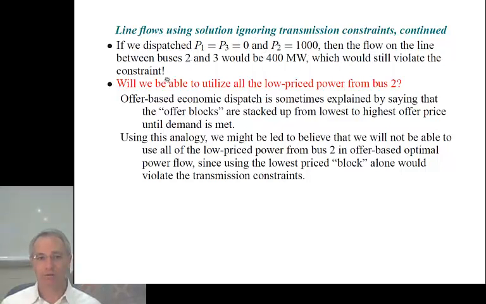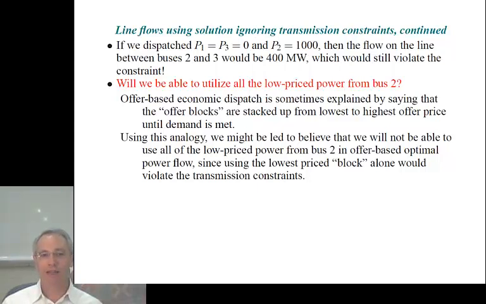You might ask yourself, will we actually be able to utilize all of the low price power from bus 2? Offer-based economic dispatch is sometimes explained by saying that we can think of the generators making block offers, and the offer blocks are stacked up from lowest to highest offer price until the demand is met.